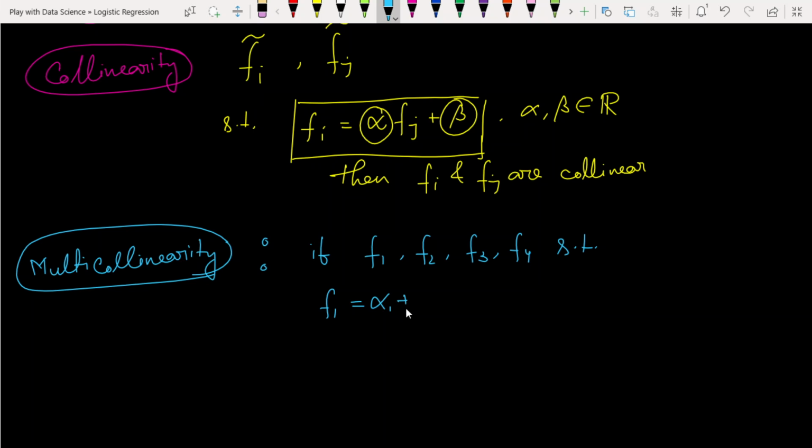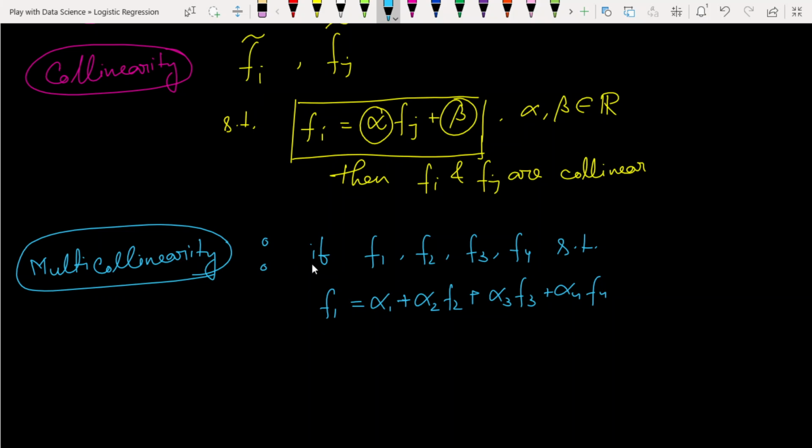That is, if alpha 1, alpha 2, alpha 3 and alpha 4 are constants, then f1 is written as f1 = alpha 1 + alpha 2 f2 + alpha 3 f3 + alpha 4 f4. Then our features are said to be multicollinear.